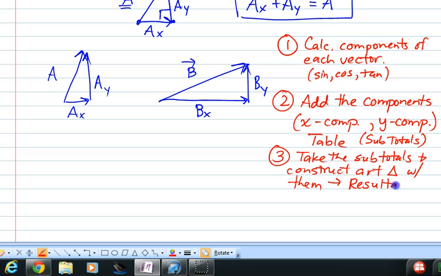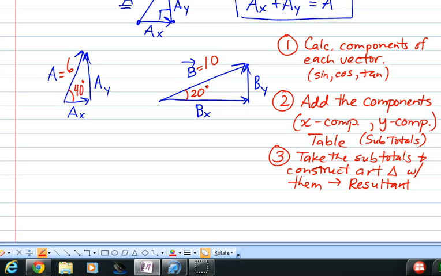Okay, now that doesn't make any sense unless we put some numbers on it. Just for fun, I'm going to use some numbers that are fairly straightforward. So vector A is going to be 6, at 40 degrees, and vector B is going to be 10, at 20 degrees. This should be pretty easy.